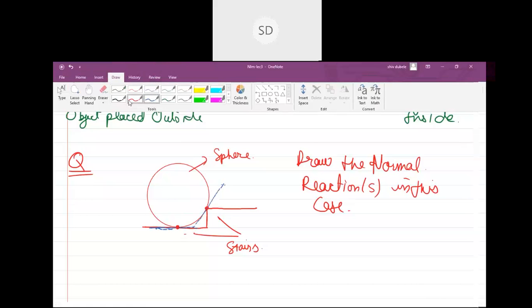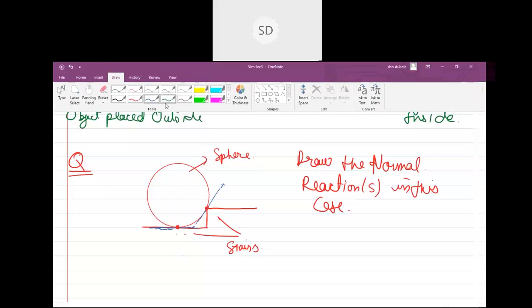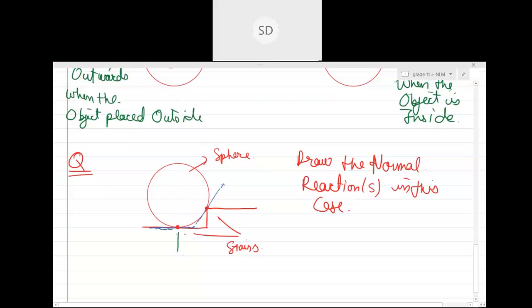I told you that the object is the stairs and this is the spherical surface. So what is the direction of normal reaction on stairs due to the sphere? This will be the direction of the normal reaction.